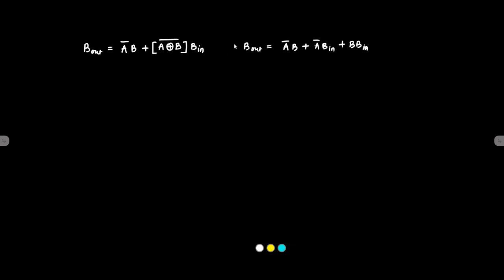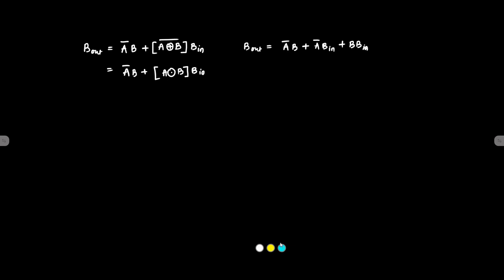Now we'll see how this is equal to this. In another way we can also write this as A bar B or (A XNOR B) into Bn. This is XOR, and inversion of XOR gives us XNOR. So we'll see how this equals this.